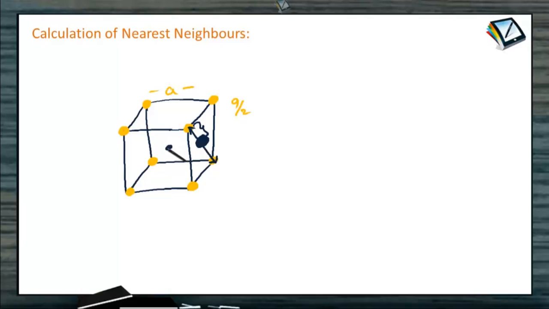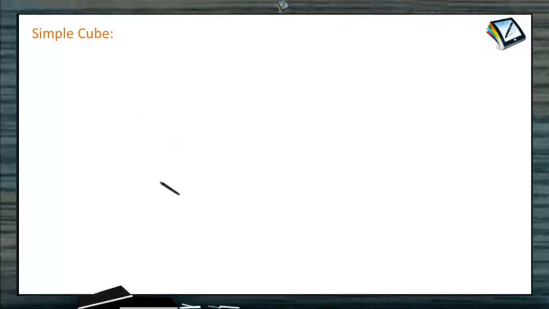And if the atom is present at body center, then the distance increases. This is the body diagonal. The distance between the two neighboring atoms is like this. So with the variation of the structure of the crystal lattice, the distance between the two neighboring atoms, which is generally denoted by D, varies. That you can see for each system.